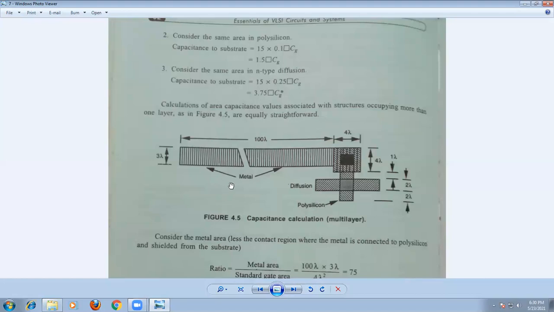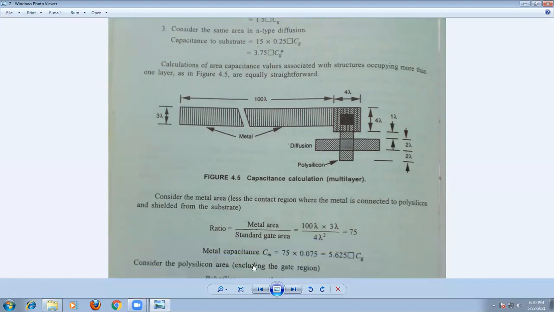Then how to calculate? First consider the metal area. Once again, there are 3 layers: metal, poly, and transistor. First, consider the metal structure. What is the metal width and metal length here? The width is 3 lambda, and the length up to here is 100 lambda. So what is the relative area of that metal layer?